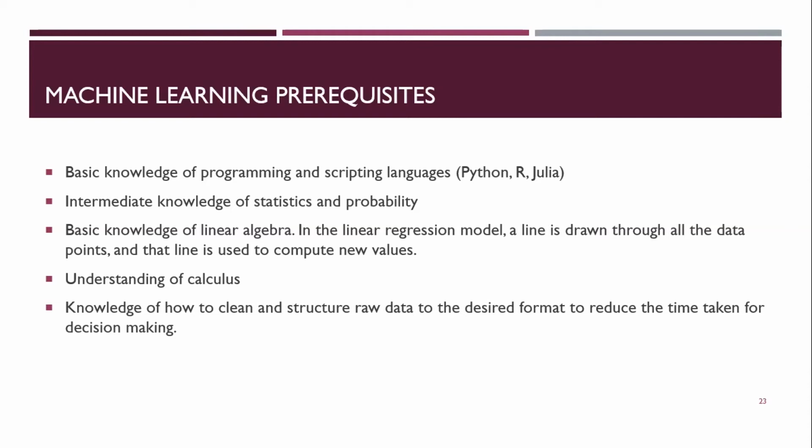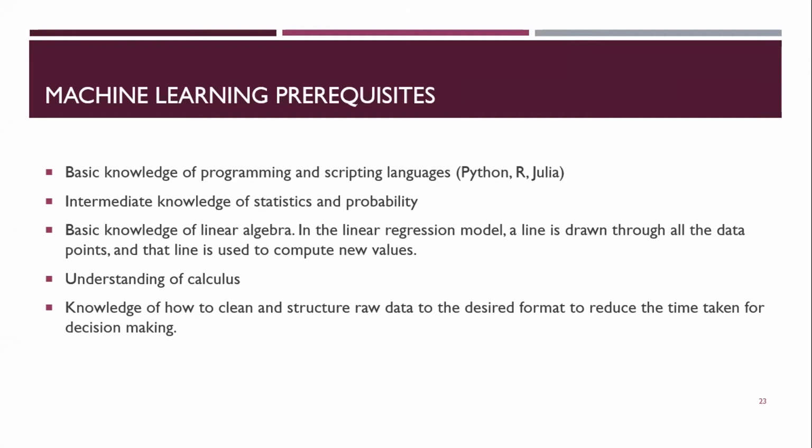But if you are very strong in mathematics too, you can go into researching and creating algorithms and all those things. So as I put here, intermediate knowledge of statistics and probability, basic knowledge of linear algebra, in the linear regression model, a line, okay.